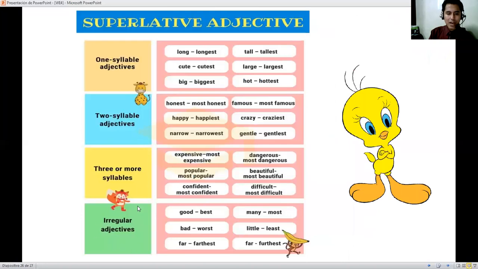Don't forget, we have irregular adjectives: good, the best; bad, the worst; far, the farthest; many, the most; little, the least. And all of this is considered as superlative adjectives.